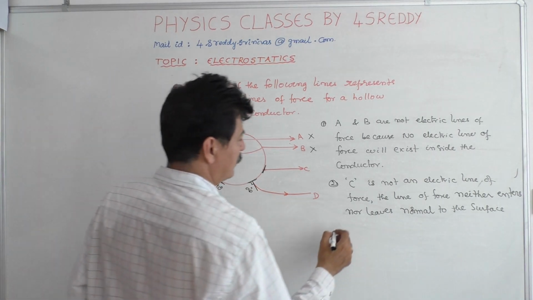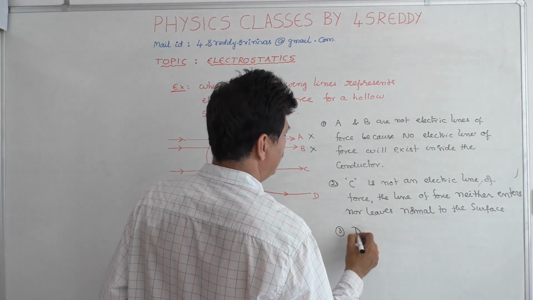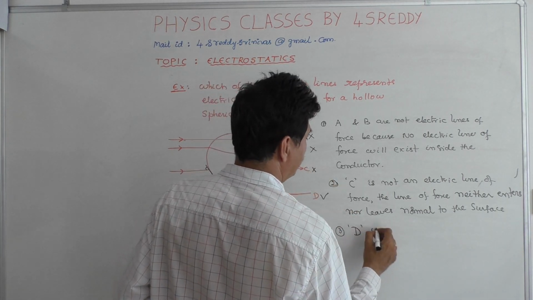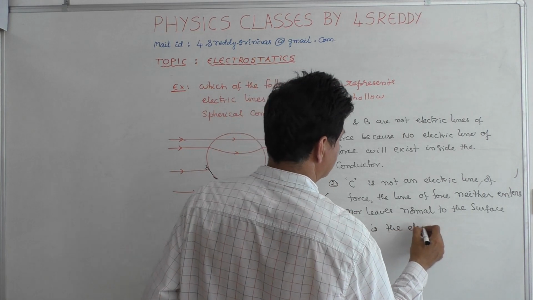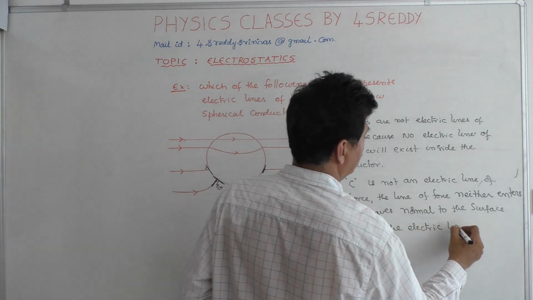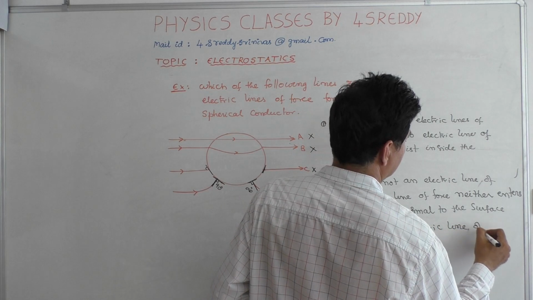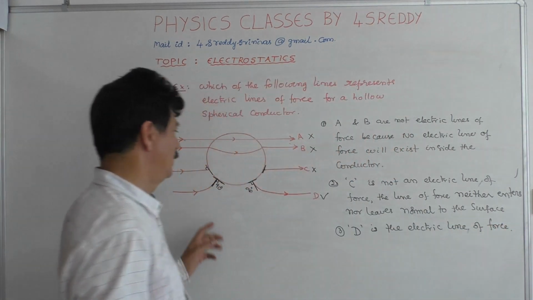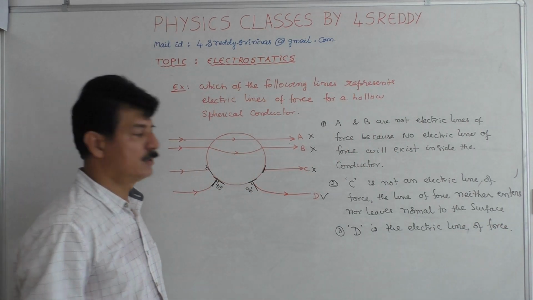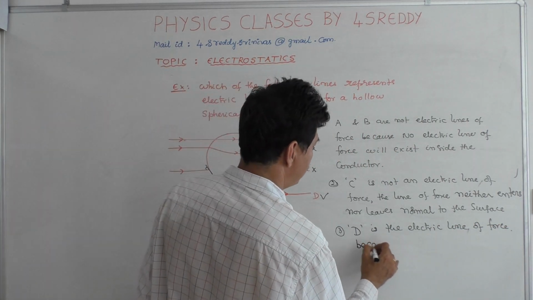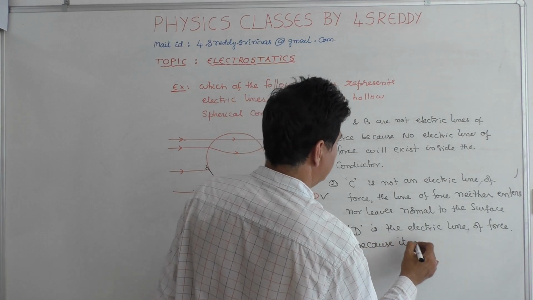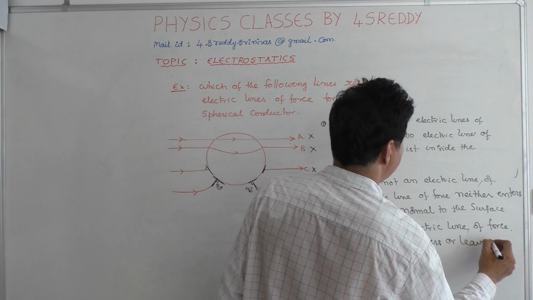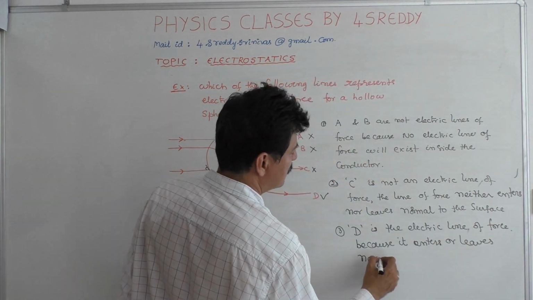So, only D is the electric line of force, because it enters or leaves normal to the surface.